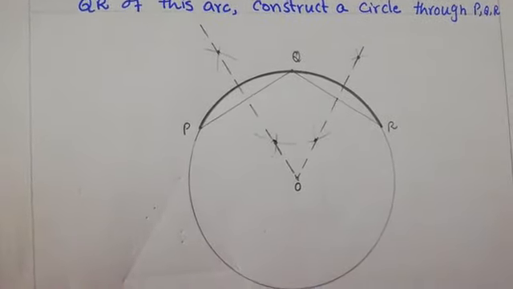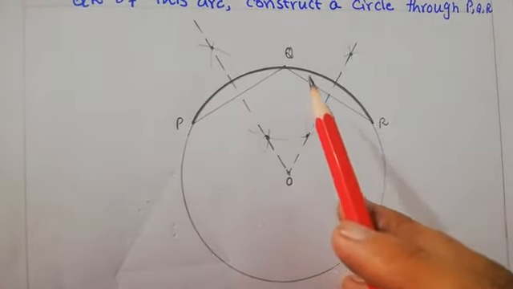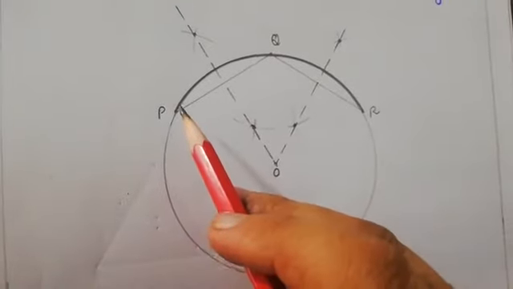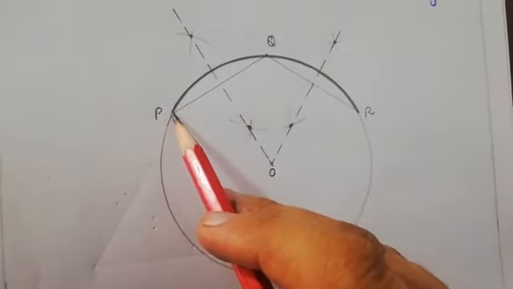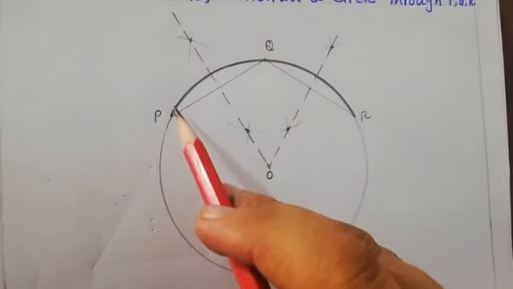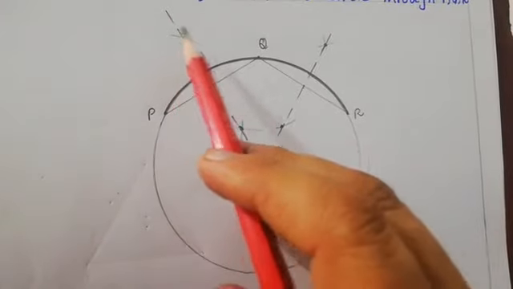After that, we will draw the perpendicular bisector of PQ and the perpendicular bisector of QR. How can we draw it? Again, I will repeat: fix your compass at point P and open it to a length greater than half of PQ, and then draw arcs up and down.